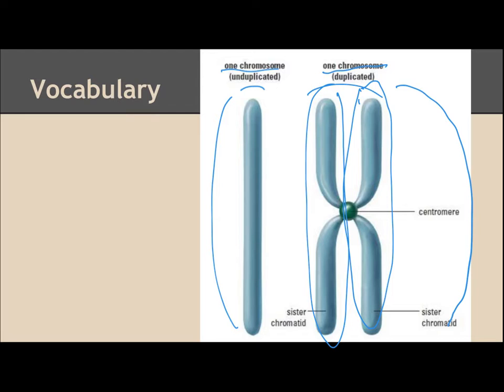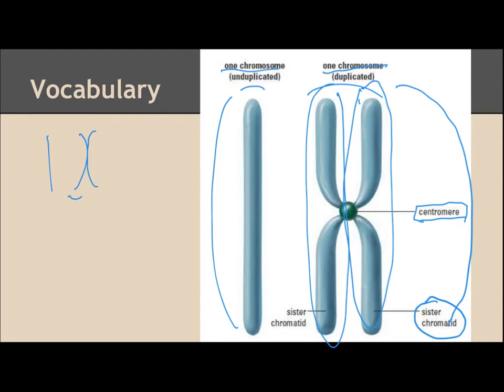We call these two halves, when they're bound together, sister chromatids. And the place that they're bound together, the thing that sticks the two halves together, is called a centromere. It's kind of like a mirror, I guess. Each half is a reflection of the other half. So chromosome, chromatid, centromere.